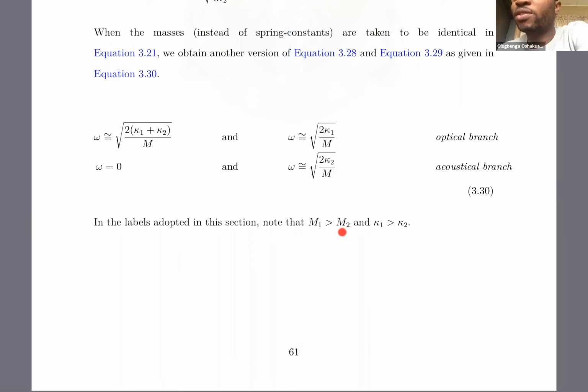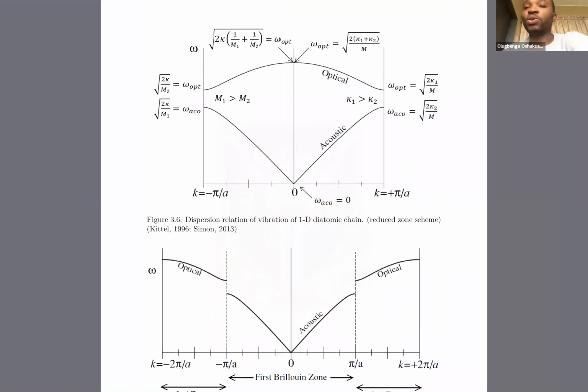So wherever we are saying M1 is not equal to M2, for this courseware, I've chosen M1 to be greater than M2. And in cases where kappas are not equal, kappa 1 is greater than kappa 2. So all the equations we have here are easily visualized on the graph, which we'll see very soon. You can look at all those equations after the class.